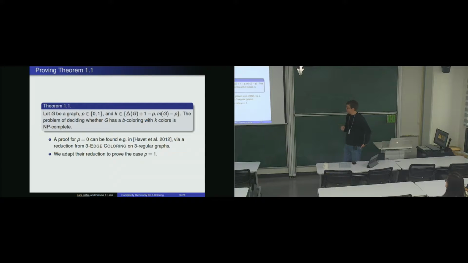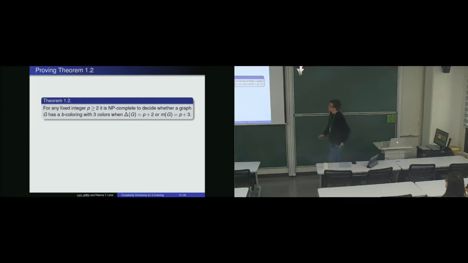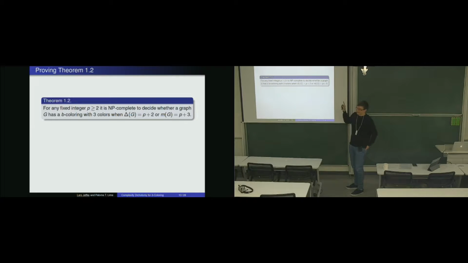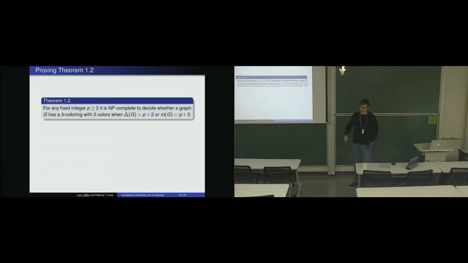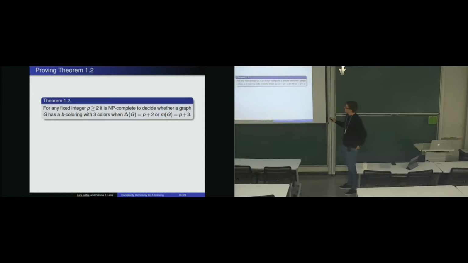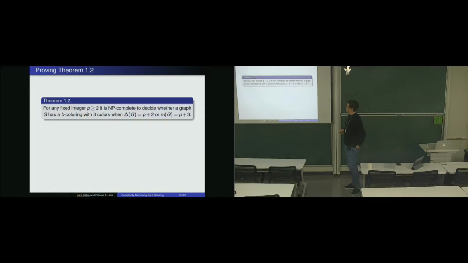And yeah, the second part of theorem 1 is slightly reformulated, but it says essentially the same thing. It says that for any fixed integer P, it's NP complete to decide whether a graph G has a B coloring with 3 colors when delta of G is P plus 2 or M of G is P plus 3.